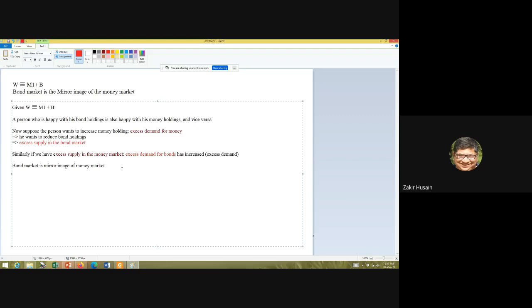So for this reason, the ISLM model looks at the goods market, which is captured in the IS curve. It looks at the money market, which is captured, as you will see, in the LM curve, and the bonds market, which is dropped. Okay.